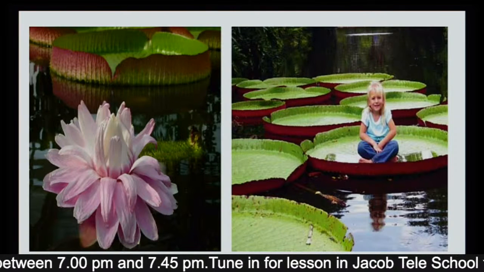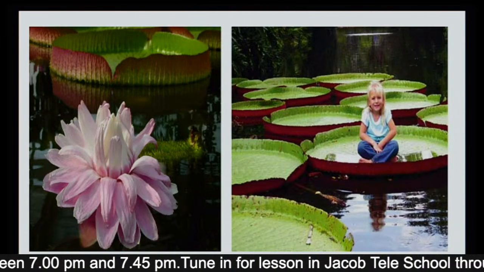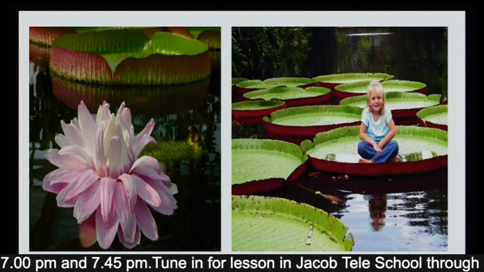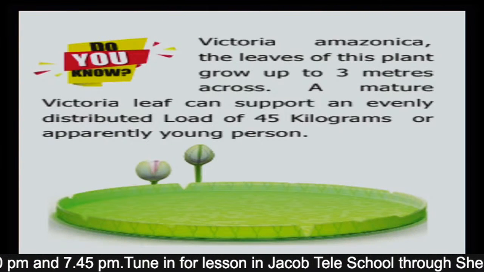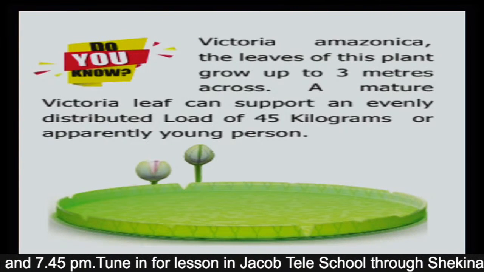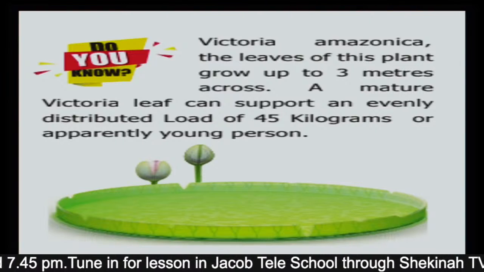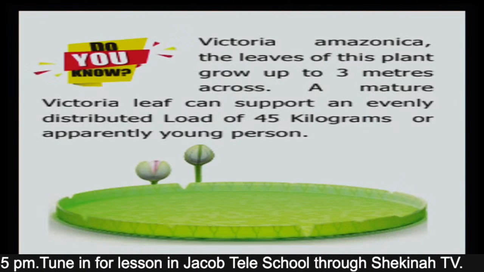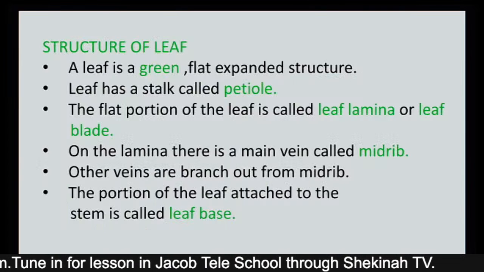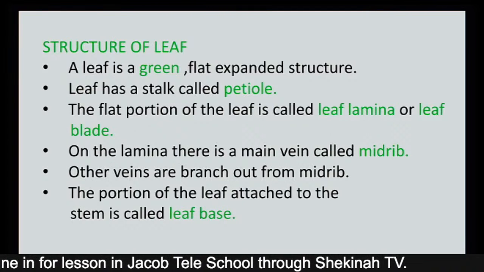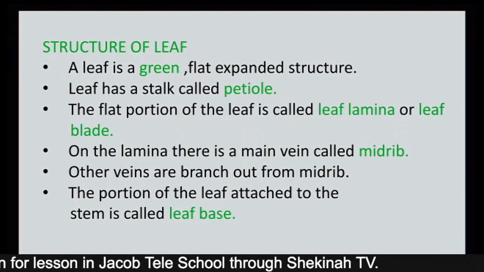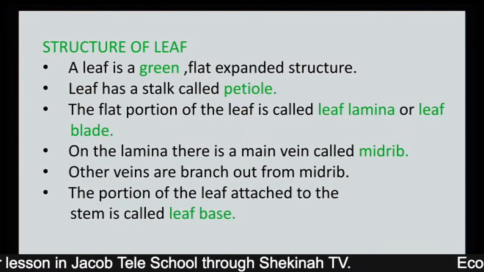Which is the largest water lily present in the world? Victoria amazonica. And what about the leaves? The leaves of this plant will grow up to 3 meters across. Okay children, this is for your information.